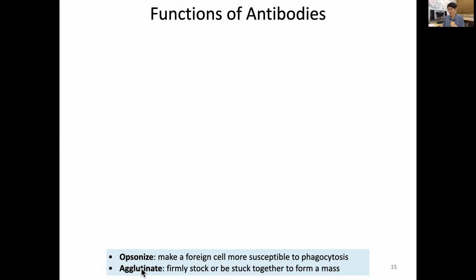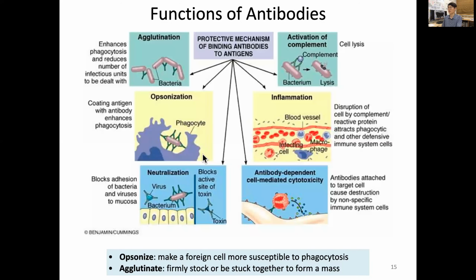And agglutinate means the antibodies stick together to form a mass of the external pathogens. So here's the diagram, protective mechanisms of binding antibodies to antigen.